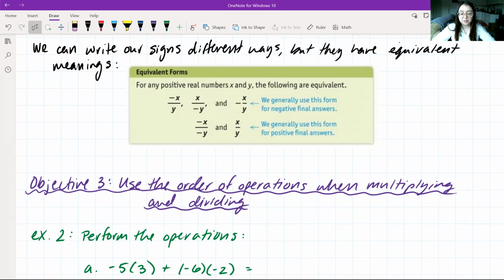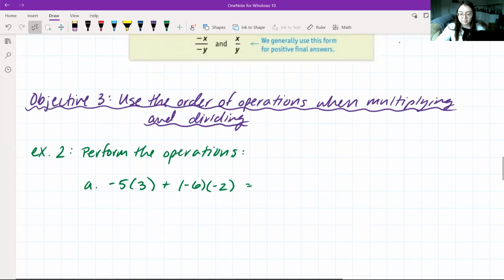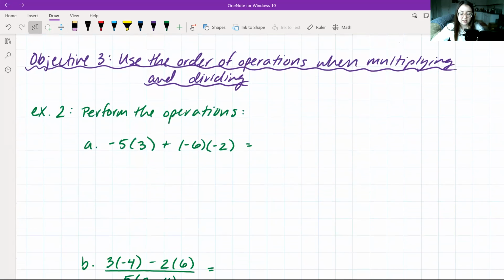With our first form, negative x divided by y, we generally use it for negative final answers, and with x divided by y, we generally use this form for positive final answers. So we do normally use these forms, but you can remember that whenever you have these forms, you can write them in any one of their other equivalent forms as well.